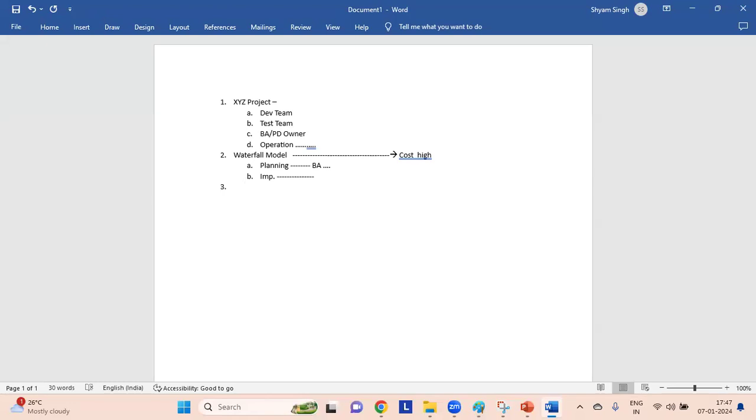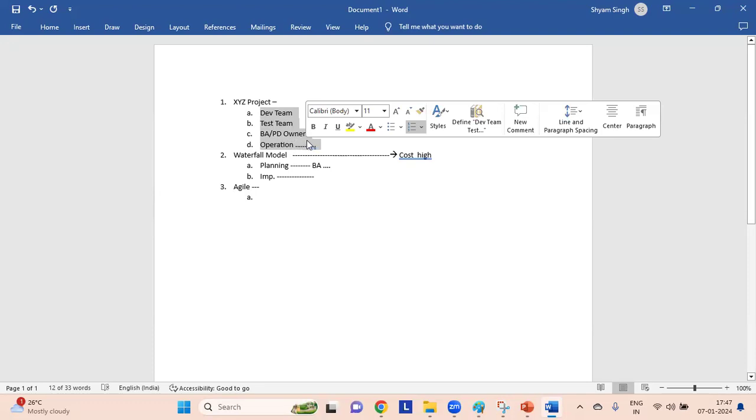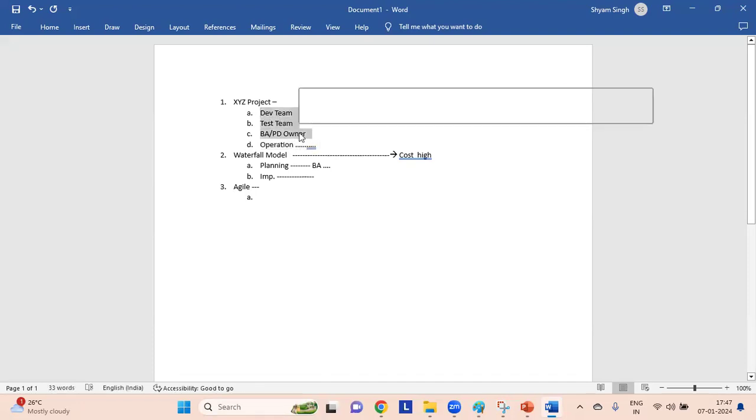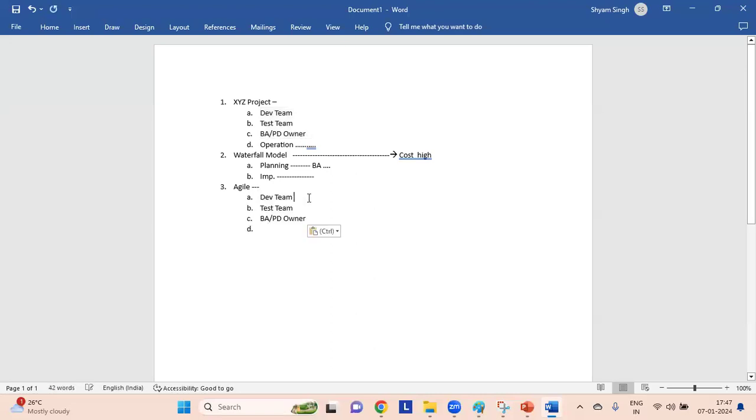Now next, if you adopt agile, in agile everyone is working parallelly, either dev, test and everything, right? Especially these three teams, not operation. Because in agile methodology we are getting the requirement in the form of user stories, correct guys.